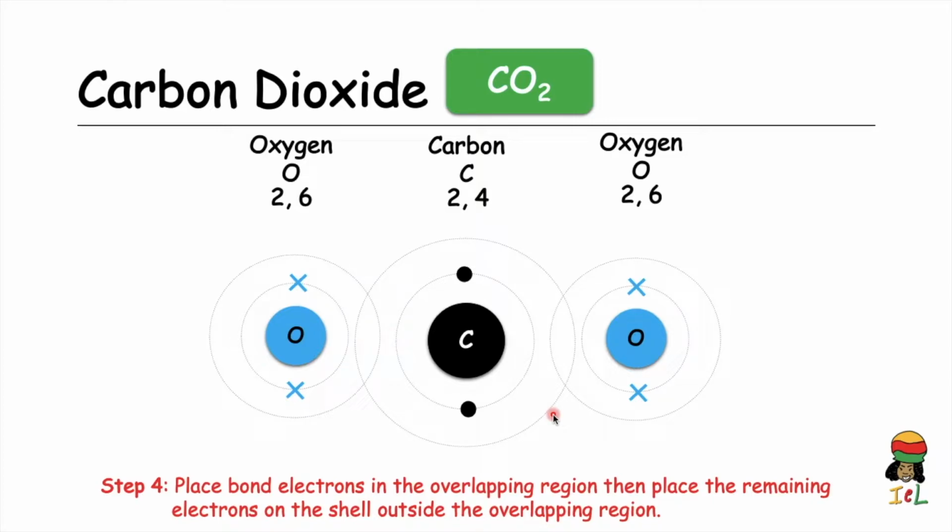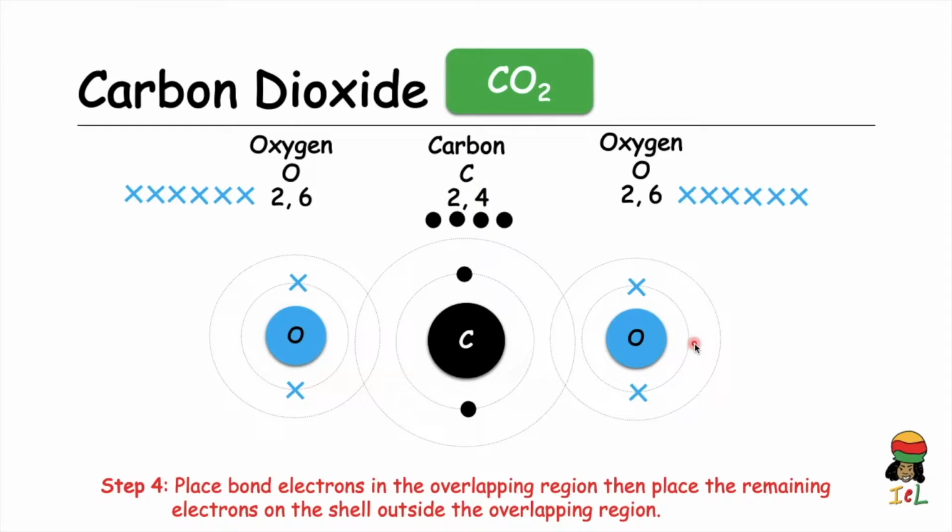When dealing with multiple atoms, we work with the atoms attached to the central atom first and then deal with the central atom last. Each oxygen atom has 6 valence electrons. Those are the number of electrons on the last shell. And of course, carbon has 4, and we will just display those right beside the information. And as we use them, they'll disappear from that point and appear on our dot and cross diagram.